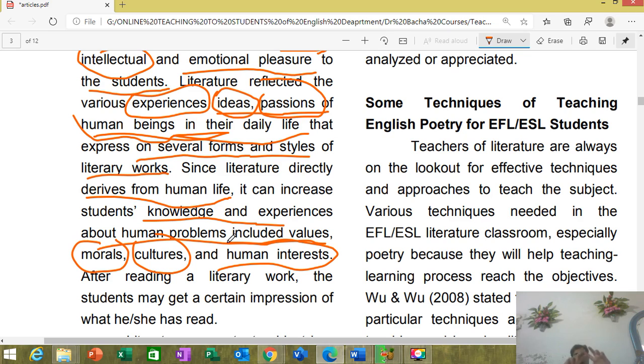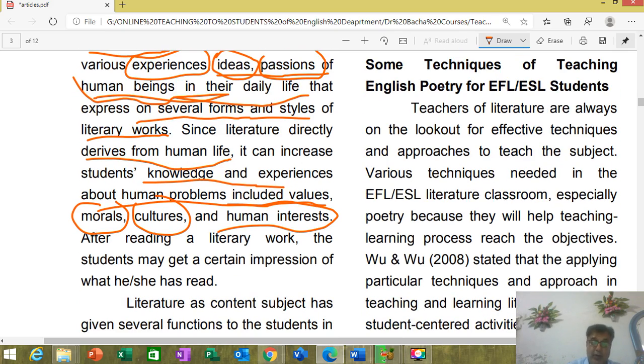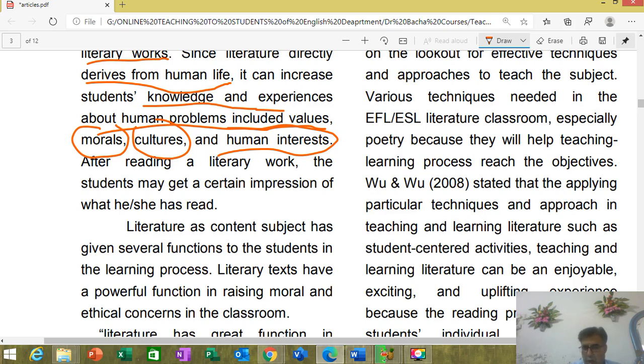So if you pick up things from literature, and if literature is taught and shared with the students, obviously it helps the students to a great extent, and their linguistic and overall, we can say holistic, development takes place.